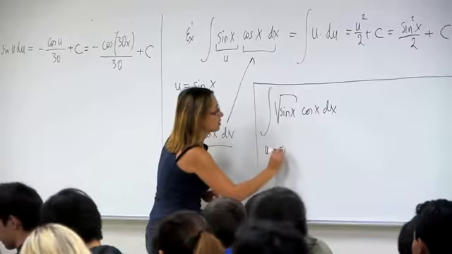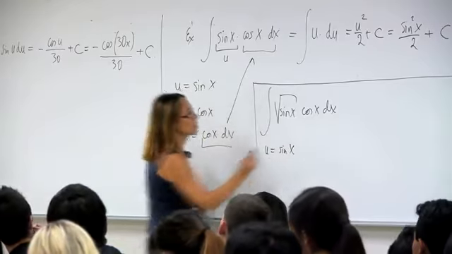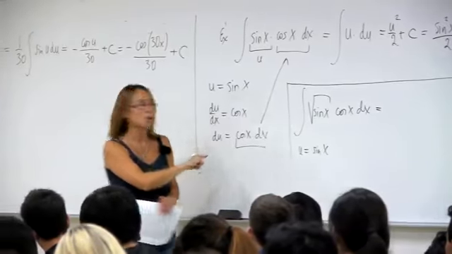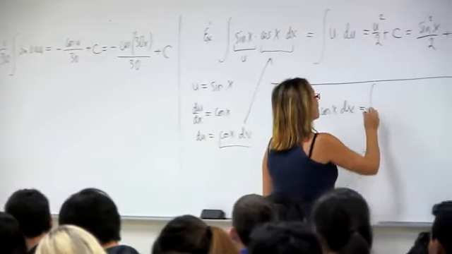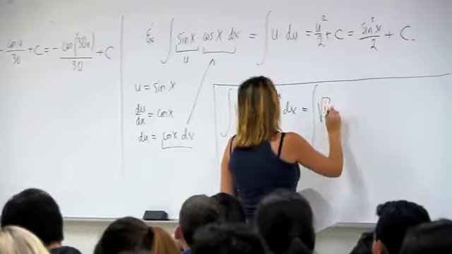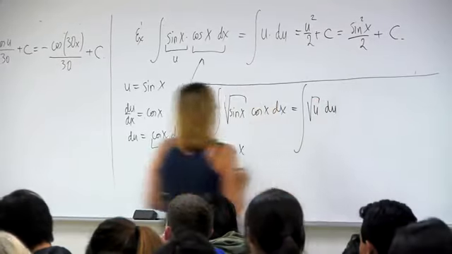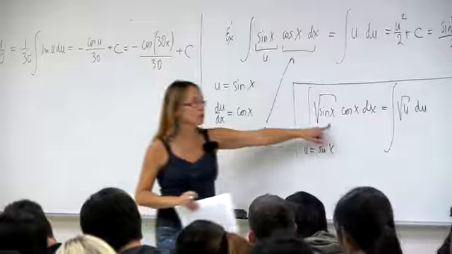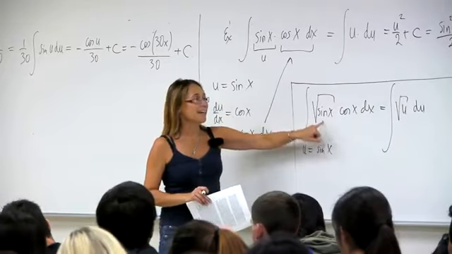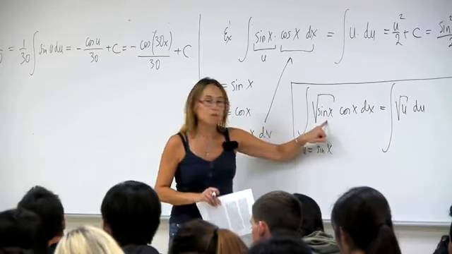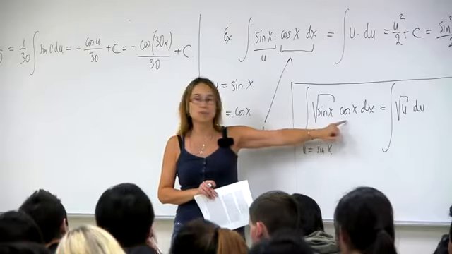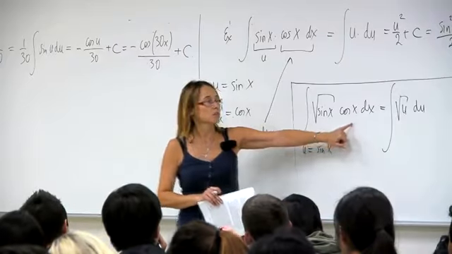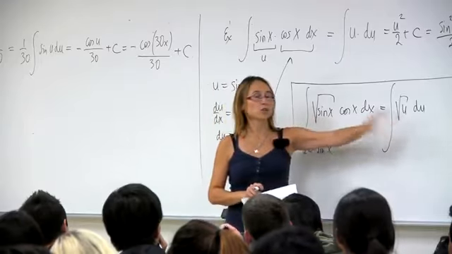U is sine x. And I've done the differentiation already. So that means that I have square root of u du. So I have a function of a function, square root of sine x, and I have the derivative of this internal function present right here. And this is why the method works. This is why I can rewrite the whole thing in terms of the new variable.